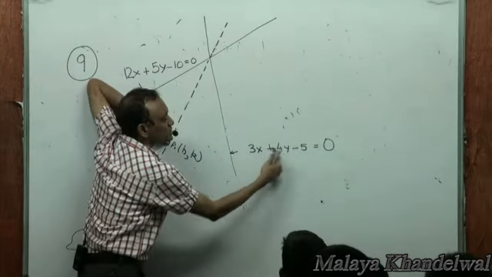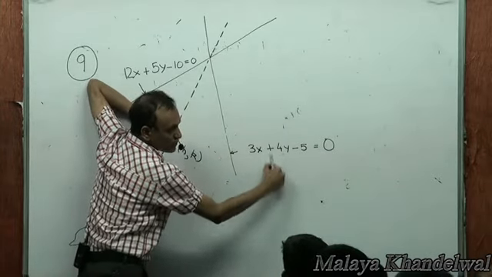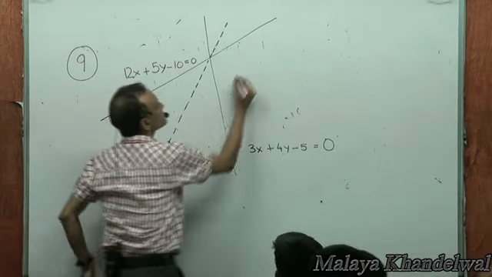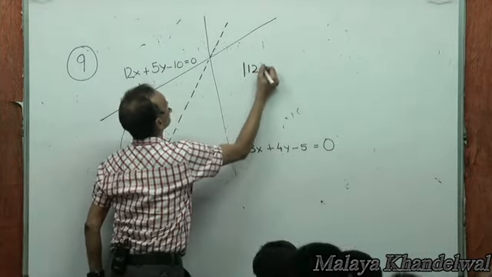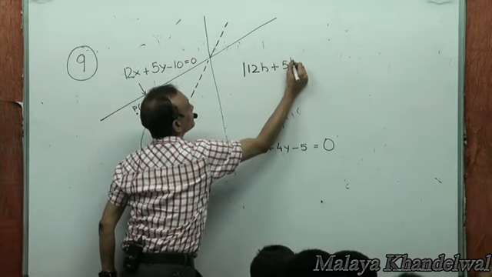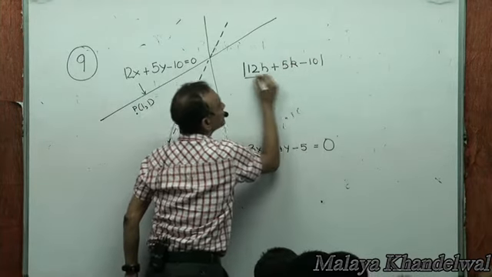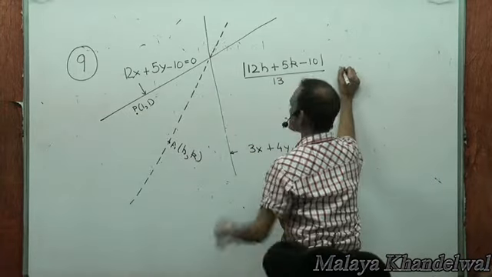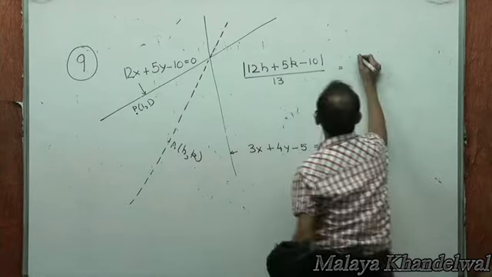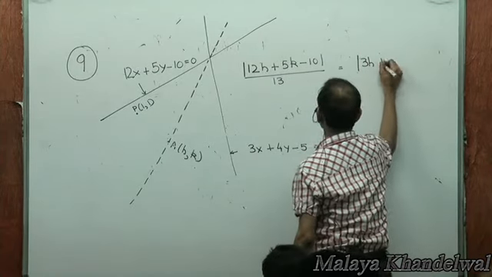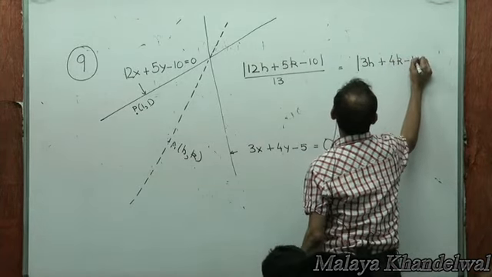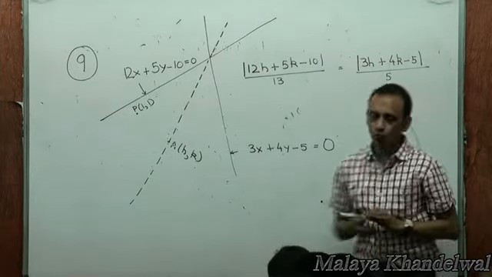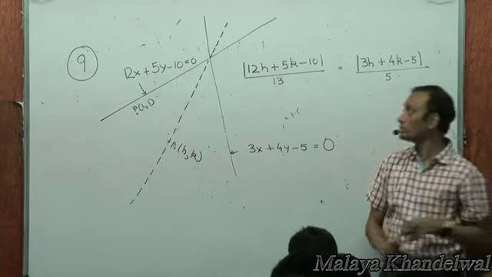Mod of 3h plus 4k minus 5 divided by root of 3 squared plus 4 squared, which is 5. And the two must be equal. Yes or no? Are you all okay with this?